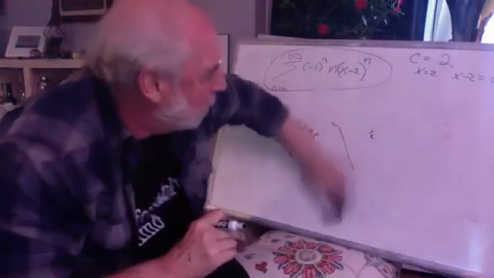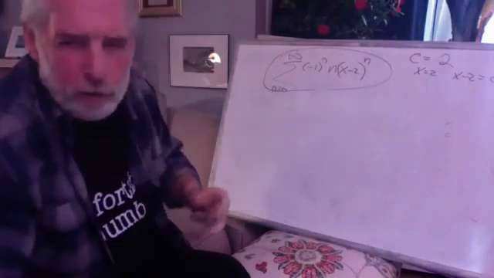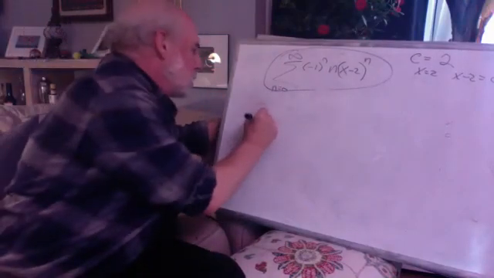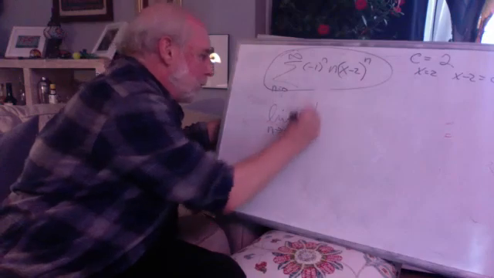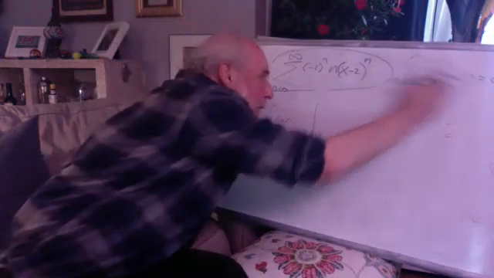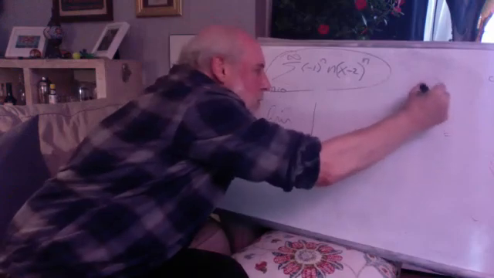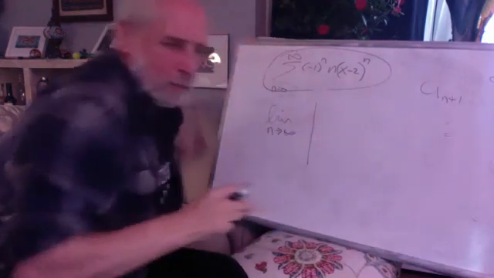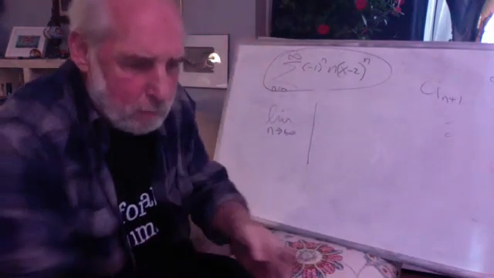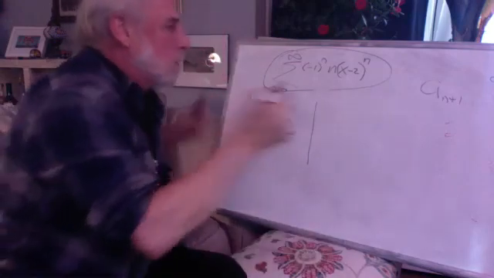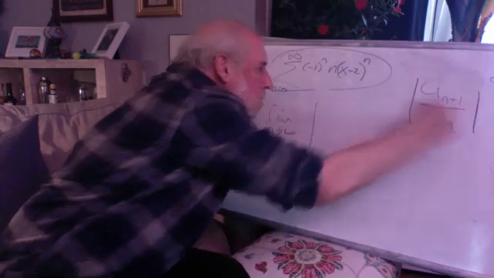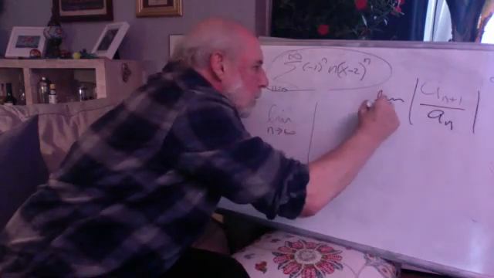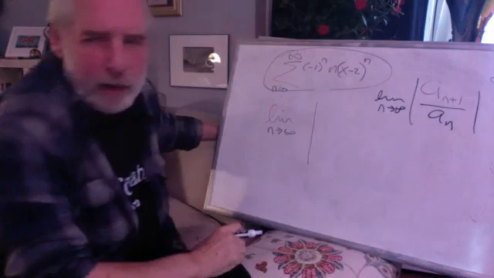Yeah, I went through that a little bit on the quick side. So when we go to the ratio test, we get the limit as n goes to infinity. So when we're doing the ratio test, so there's the ratio test.